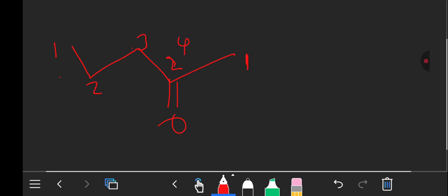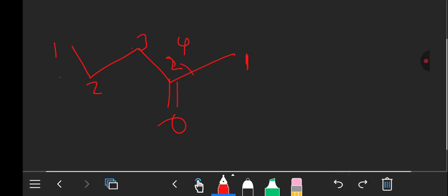But if we name from right to left, the carbonyl is carbon number 2. So we assign the lowest number to the parent chain. So we'll go from right to left instead of from left to right. At position number 2, that's where we have this carbonyl group.